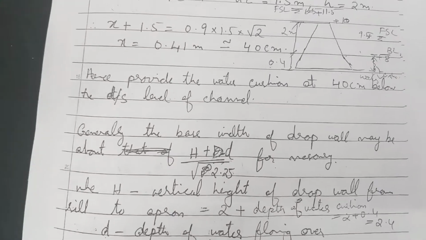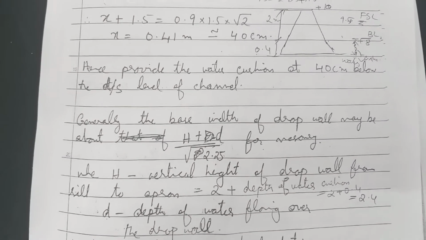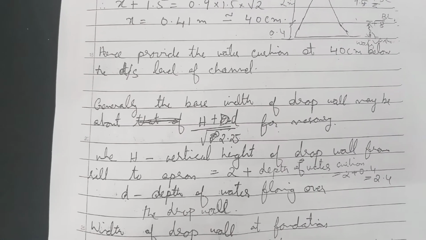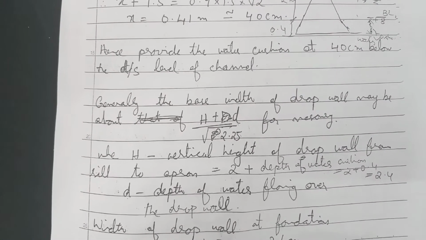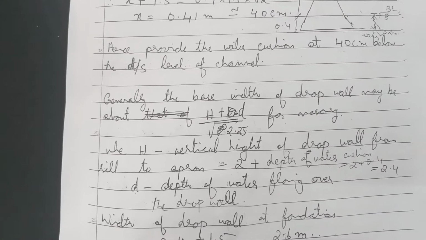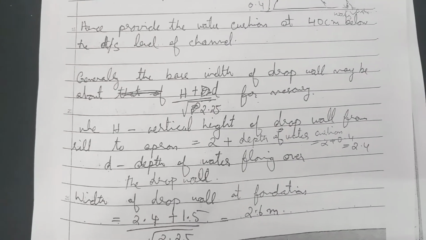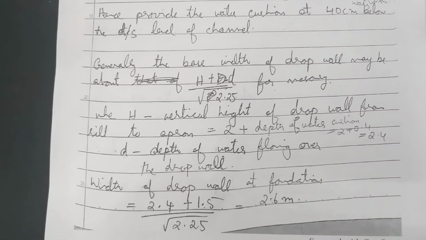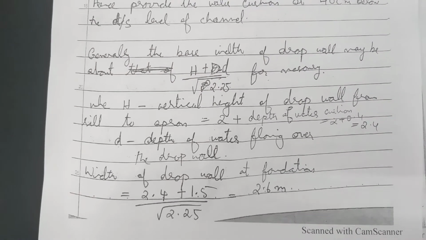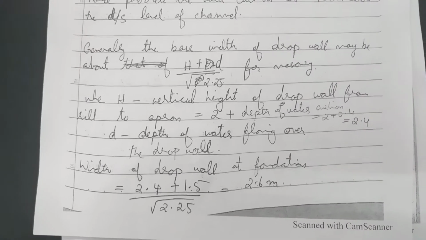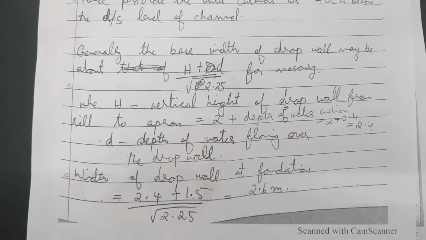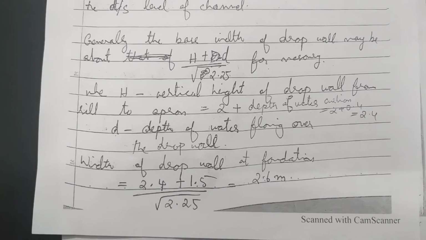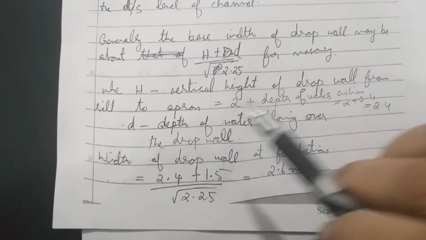Generally, the base width of the drop wall may be about capital H plus small d into square root of 2.25 for masonry. Here, capital H is vertical height of the drop wall from sill to the apron, that is equal to 2 meter plus depth of the water cushion, that is 2 is the drop and 0.4 is the depth of the water cushion.